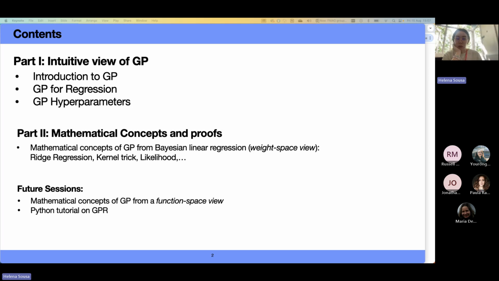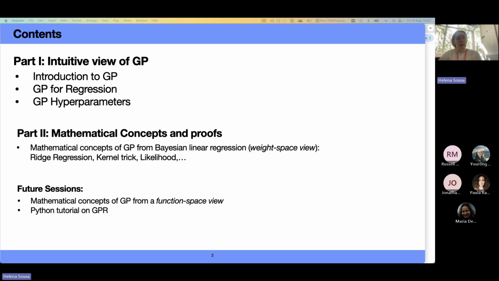And then Maria, in the second part of this meeting, will talk more about the actual math concepts and proofs that come from Gaussian processes. Specifically, in this session, Maria is going to talk about the weight space view, so the mathematical concepts in this sense.